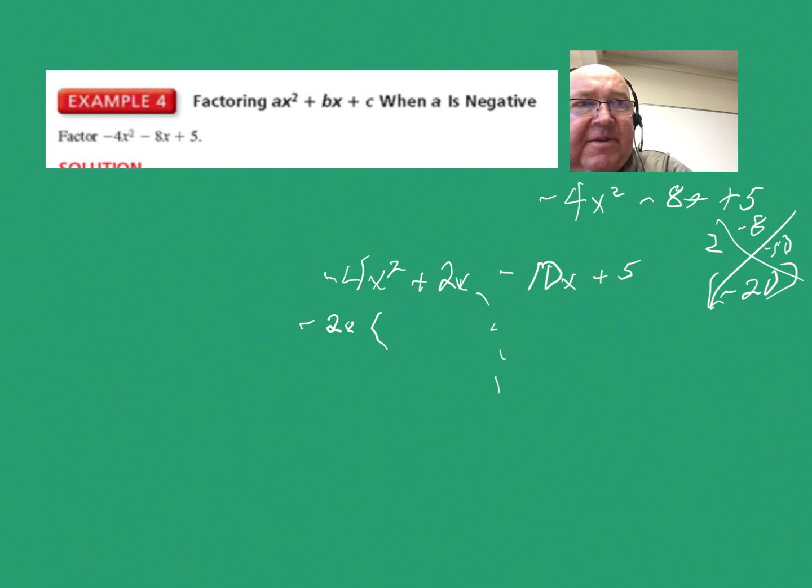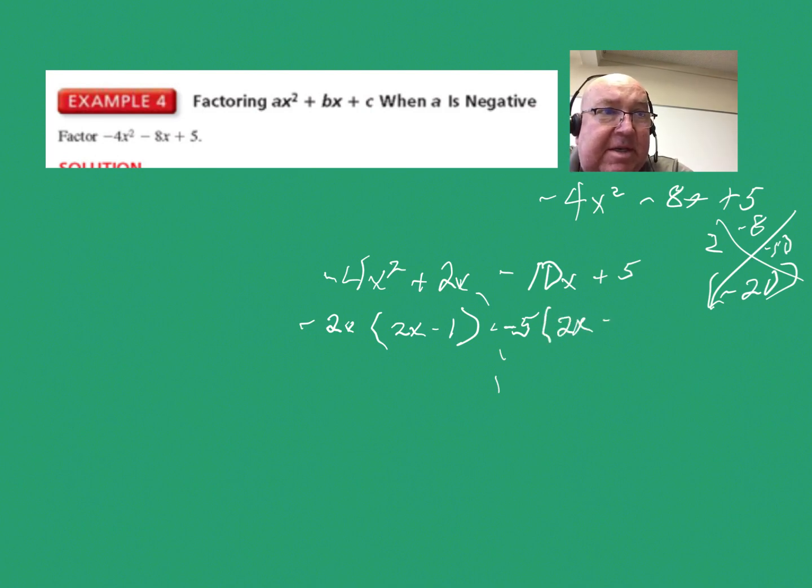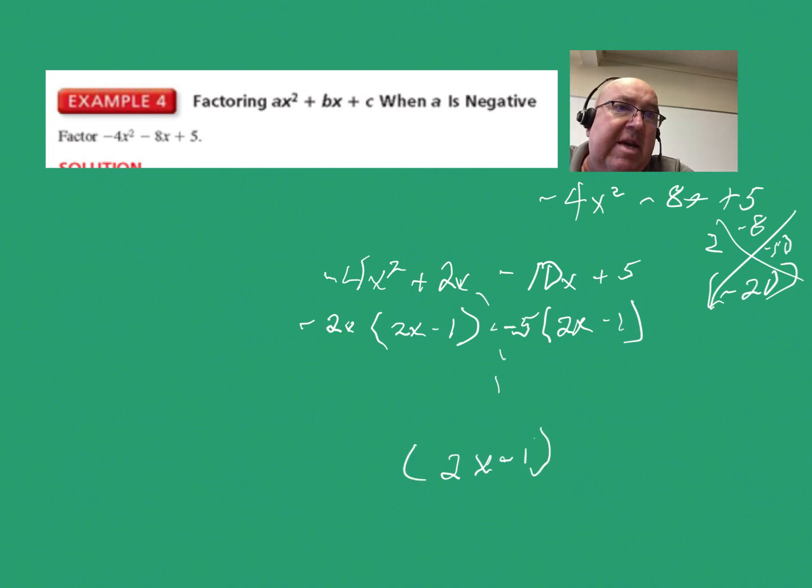And that's going to leave us 2x minus 1. On the other side, we're going to take out a negative 5. 5 is the common factor. And that's going to leave us 2x minus 1. Our factors then are 2x minus 1 and negative 2x minus 5.